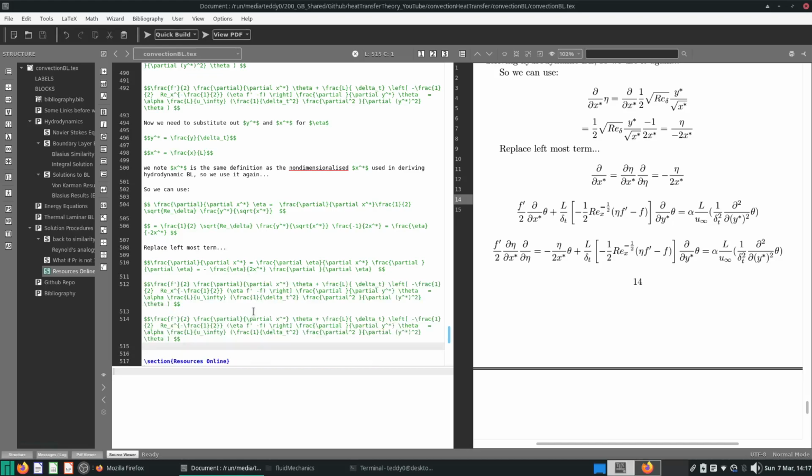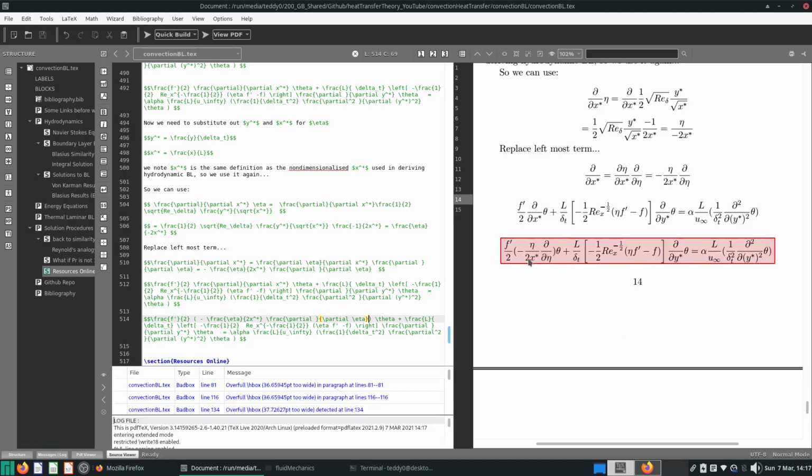This one goes here, this one gets deleted, and this goes here. There we go. So we have a partial by partial eta of theta. So this is wrong. Yes, now you got it. I'll just remove the brackets for clarity, and then we're done with this one.